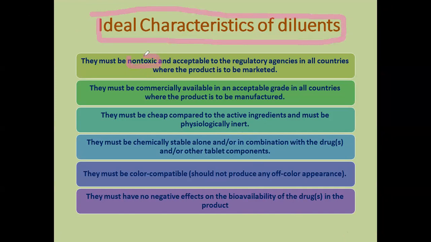The ideal property for diluents firstly includes that it should be non-toxic and acceptable to the regulatory agencies in the countries where the product is going to be marketed. As I told you in the earlier slide, the first and most important criterion for any excipient you use, not only in the tablet dosage form but in any dosage form, is that it should be approved by the regulatory agencies in the country where you are going to market the final dosage form.